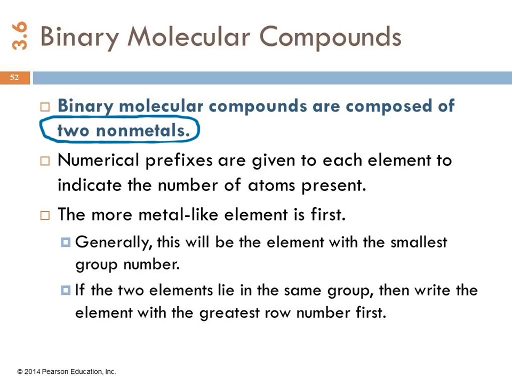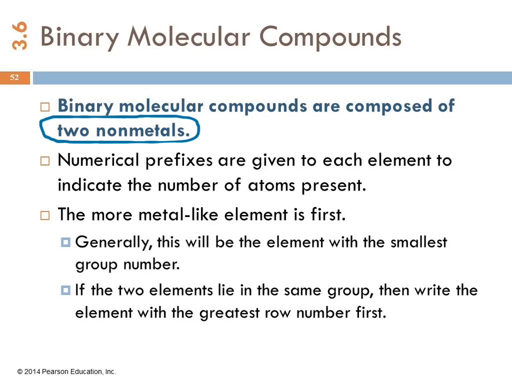We have to decide which element to go first, and so generally we put the more metal-like element first. So usually this is going to be the element with the smallest group number, or if it's 2 elements in the same group, then the element with the greatest row number. That's all very nice, but I prefer to look at the periodic table and see which one is closer to the metals.